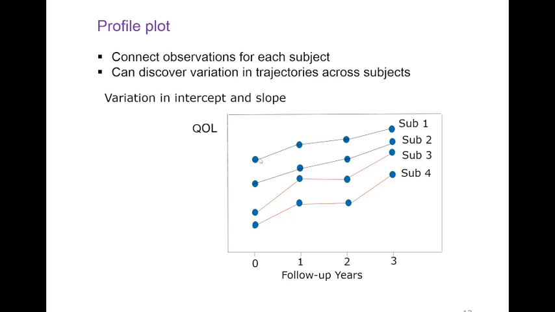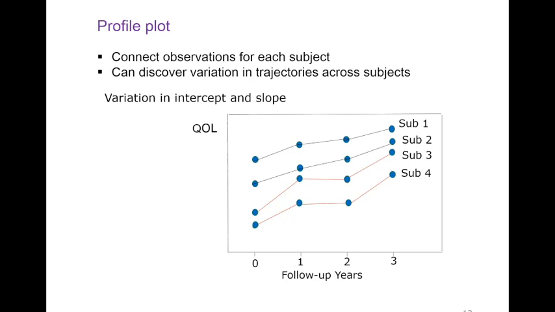And in terms of change over time, if you look at subject 1 and 2, yes, they increase over time, quality of life changing over time. But this change is similar for subject 1 and subject 2. What does that mean? This is the slope.